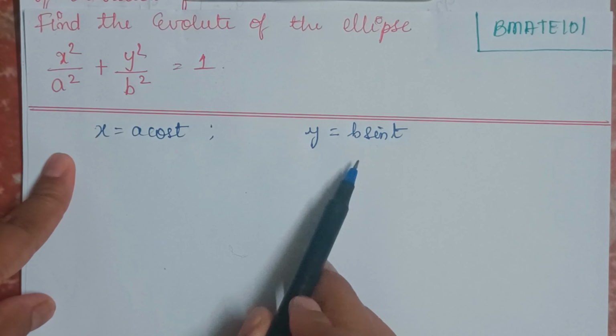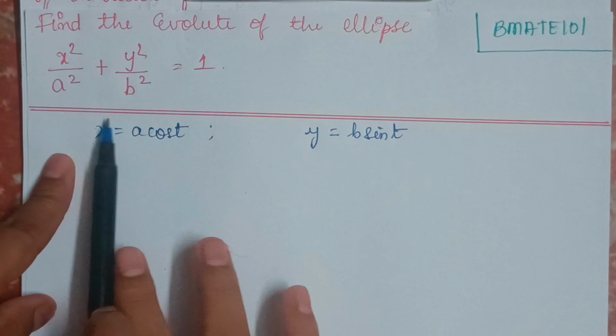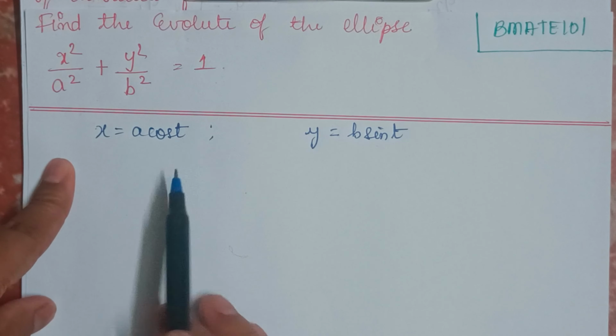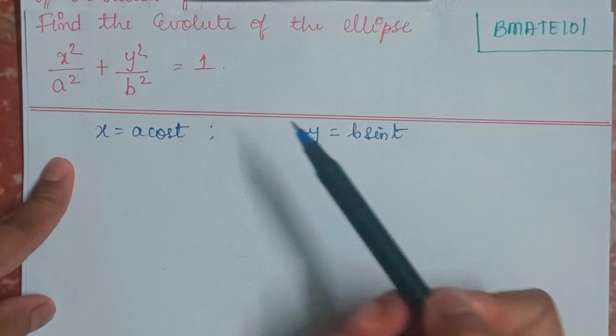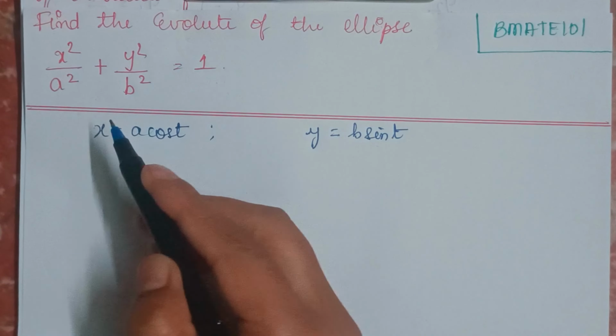These are the parametric form of the ellipse, and this is the Cartesian form of the ellipse. You have to remember this in order to solve this problem, and if it is given in the question already, then it is well and good.